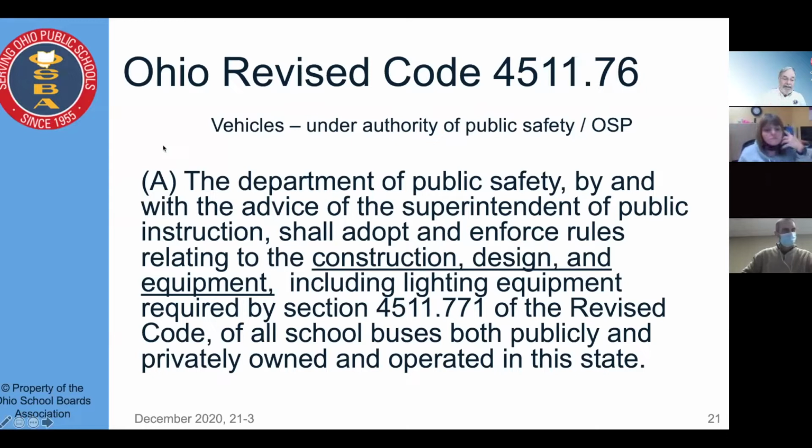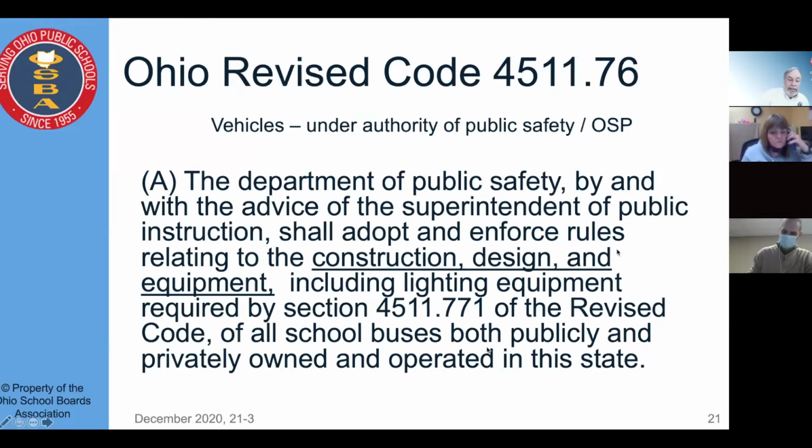And here's a case where the language in this code is very important. So paragraph A says that the Department of Public Safety, and so for us, that's the State Patrol, by and with the advice of the Superintendent of Public Instruction, i.e. ODE, shall adopt and enforce rules relating to construction, design, and equipment, including the lighting equipment of all the school buses that are operated here in the state.